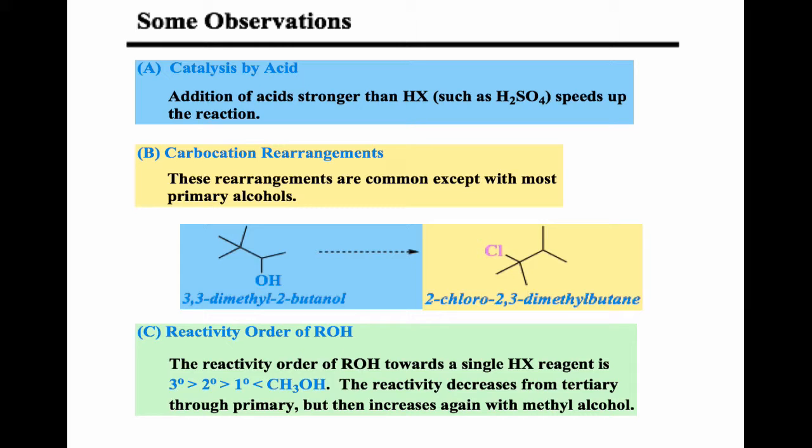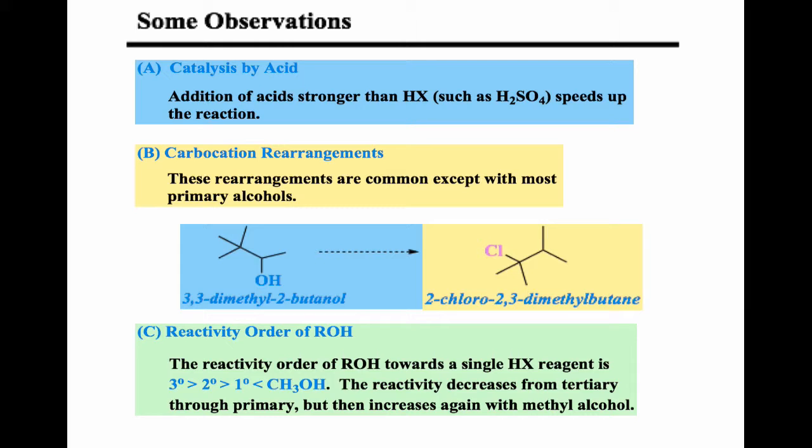So if we think about the protonated alcohol, if a nucleophile has to come in here, it's going to have to deal with that bulky group, even though it's primary. This will still happen. But here, the nucleophile has nothing to get in its way.